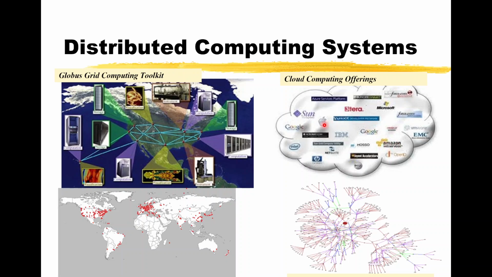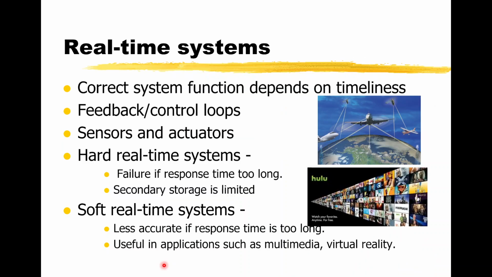They have lots of cloud computing services. We have global grid computing also, and that has given us lots of advantages right now, making us have access to things that ordinarily we did not have access to before.